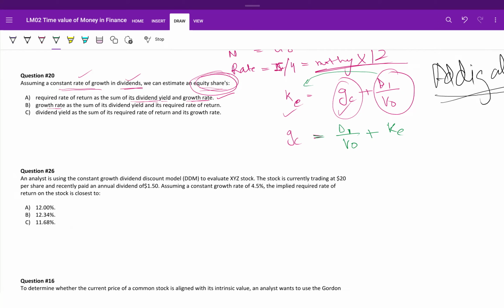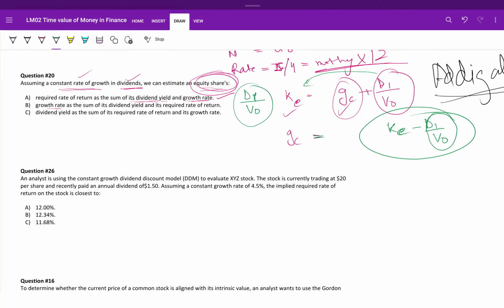So this should not be positive, but it should be KE minus dividend yield. There are going to be questions where they will give you dividend yield, so it's important to understand this means D1 divided by V0. Yield means return.